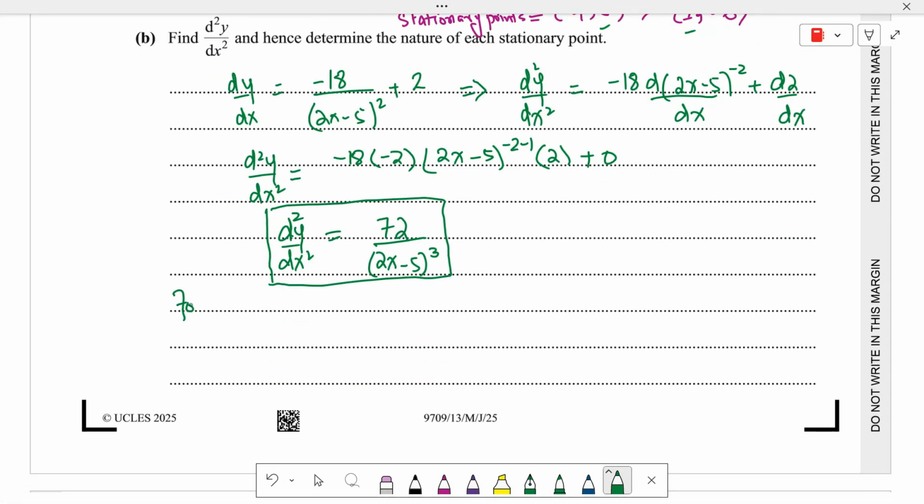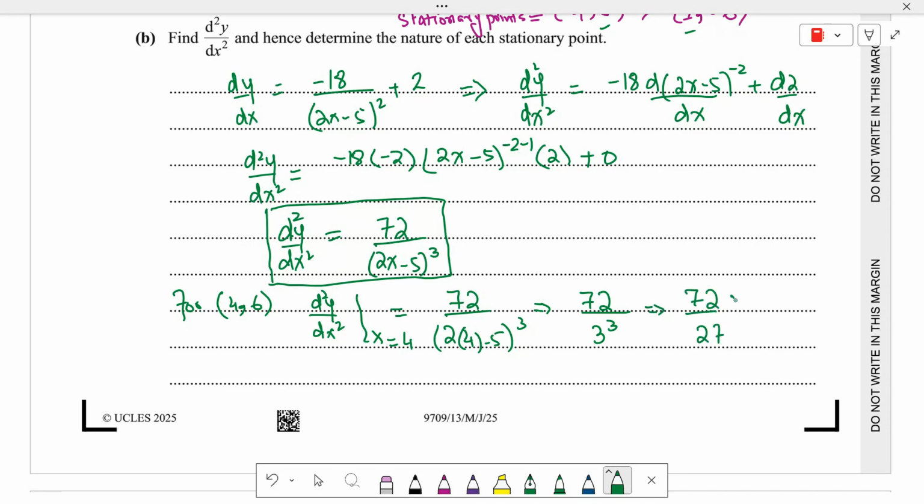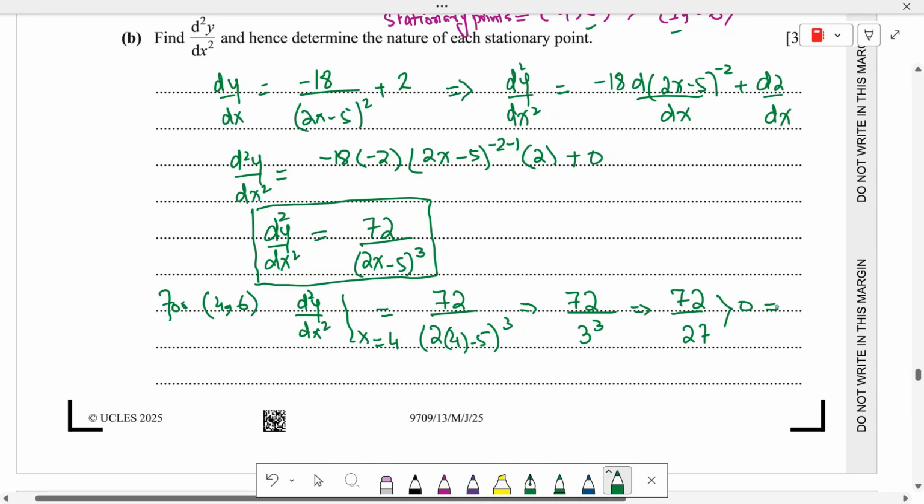So for stationary point (4, 6), d²y over dx², where x is equal to 4 because the x coordinate is 4, is 72 over (2 times 4 minus 5) whole cube, which is 72 over 3 cube, which is 72 over 27. This is greater than 0, so we can say that this point is a minimum.